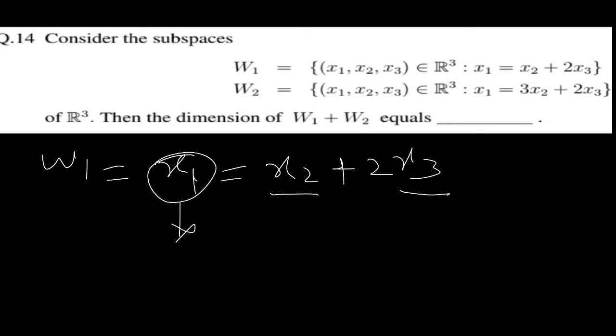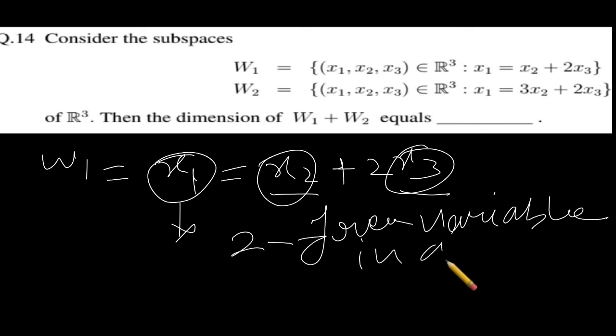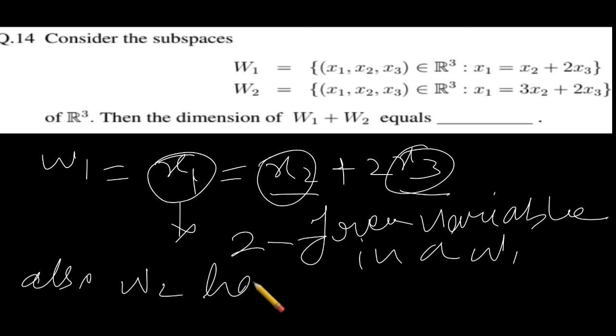So we can say that there are two free variables in W1. Also, W2 has two free variables.